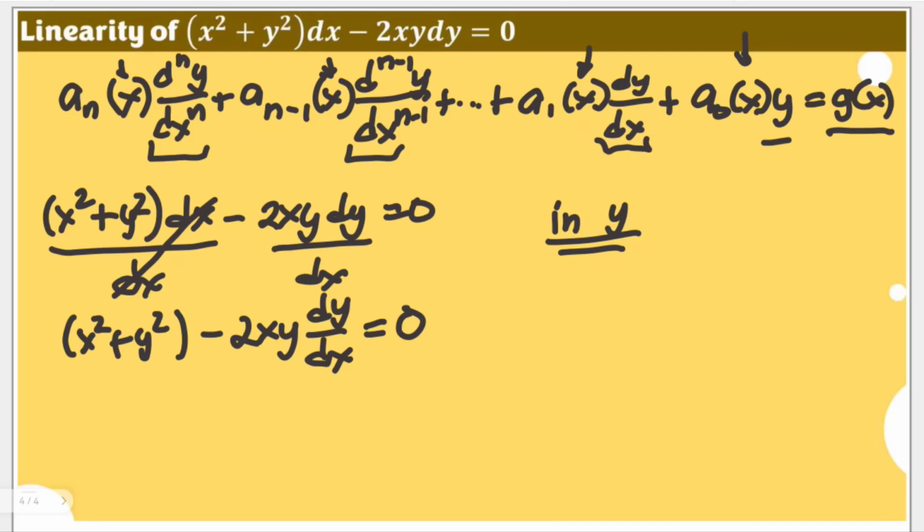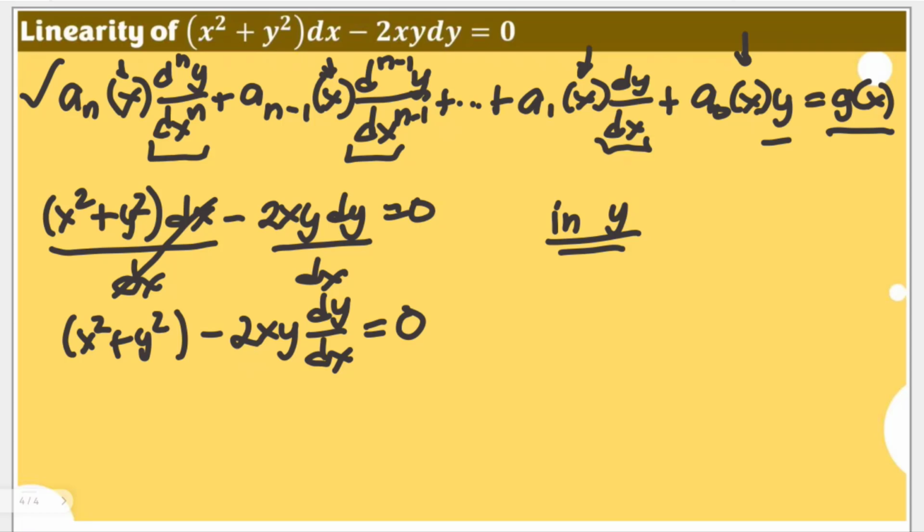Let's try to transform this given expression into this form here, to see if we could achieve that this differential equation is linear in the variable y. But if we can't do that, then we can say that this is non-linear in the variable y.